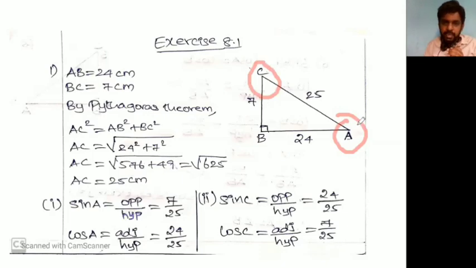This is angle A and complement of angle A is angle C. So for angle A, sine theta is 7 by 25. For its complement angle, angle C, cosine theta, complement of sine theta, is 7 by 25. So this is the reason for the name cosine theta.